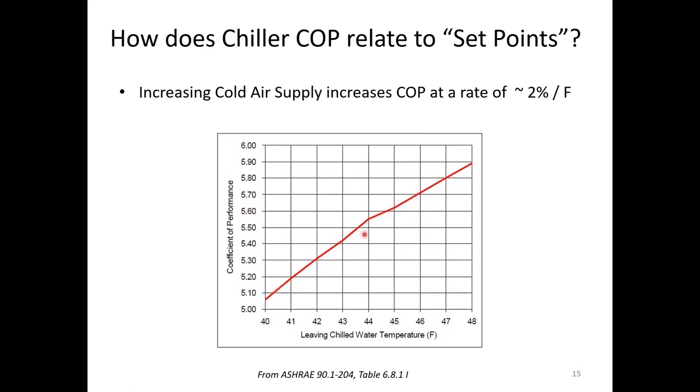This is an approximation as well, but you can think of this as approximately 2% per degree F of efficiency improvement. So as you raise the return air temp or the leaving chilled water temp, your efficiency increases.